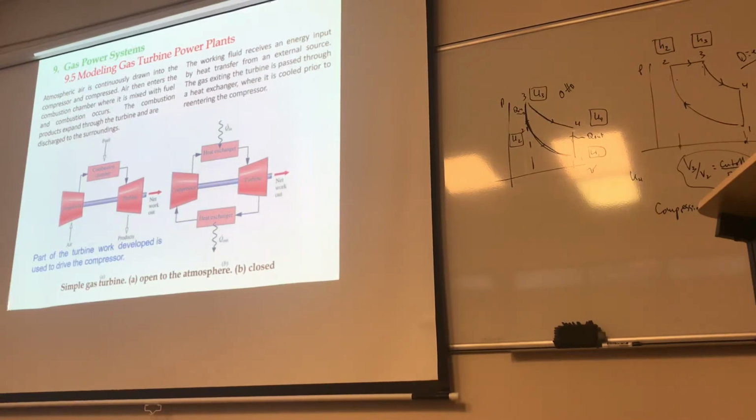Then what happened in the vapor power plant? After we got that, we take it to the boiler, right? In which heat gets transferred. In this case, we bring it to a combustion chamber in which the combustion occurs, right? And then after that, just like in the vapor power plant, we go to a turbine.